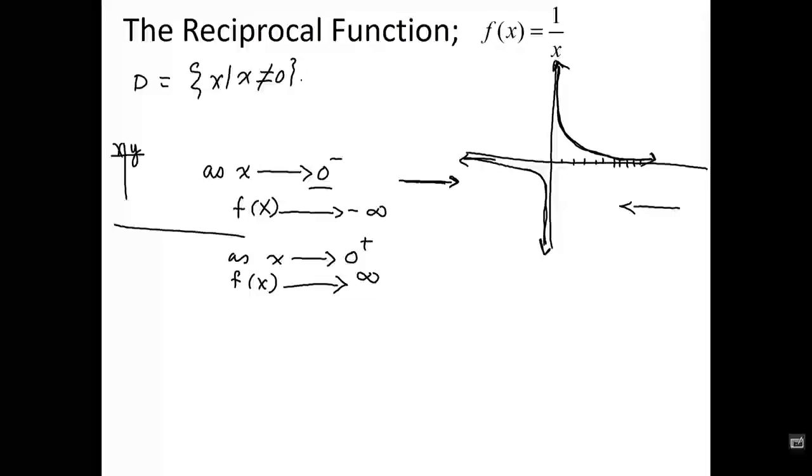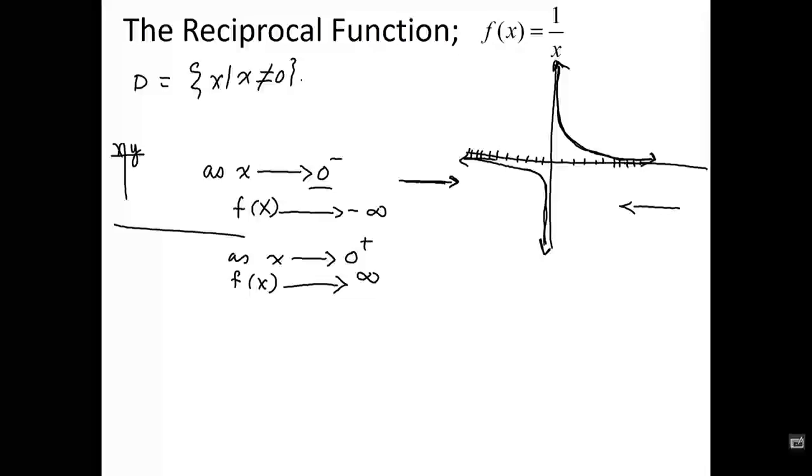And as x decreases, what is the behavior of the values of the function f of x? All right, we see that in both cases, the values of f of x are getting closer and closer to the x-axis. In other words, they are approaching the line y is equal to 0, which represents the x-axis.